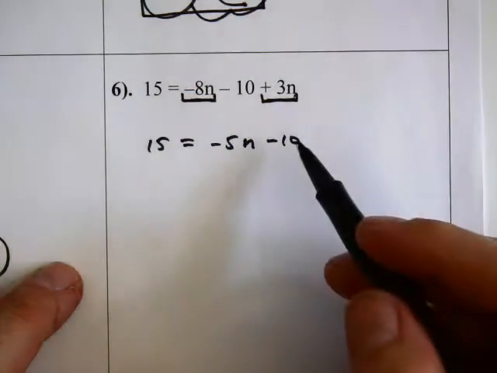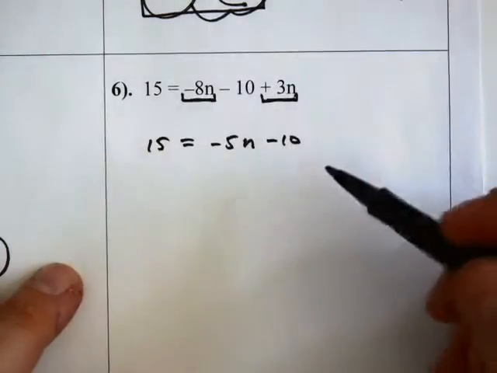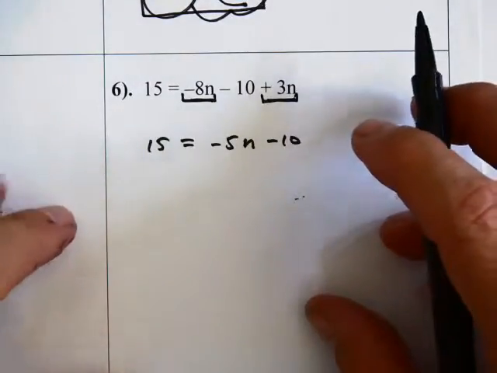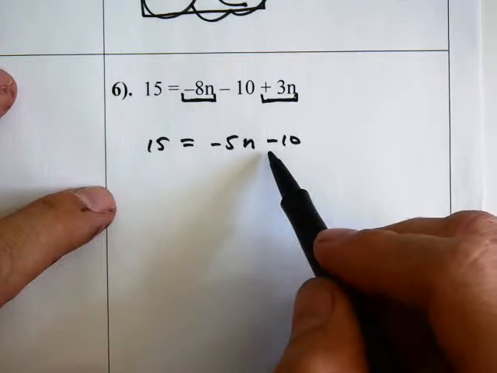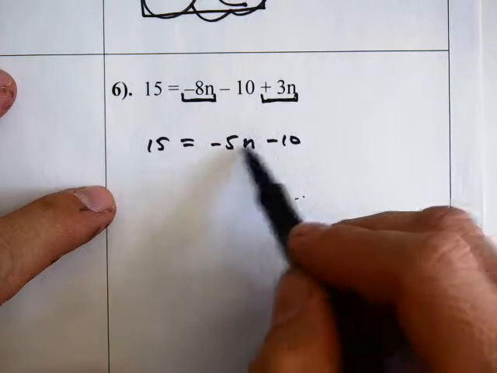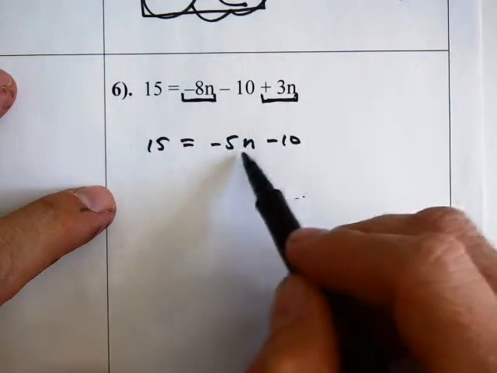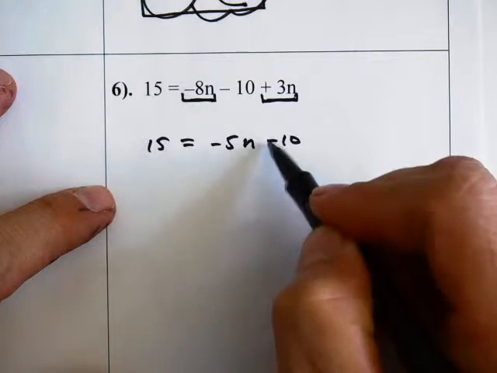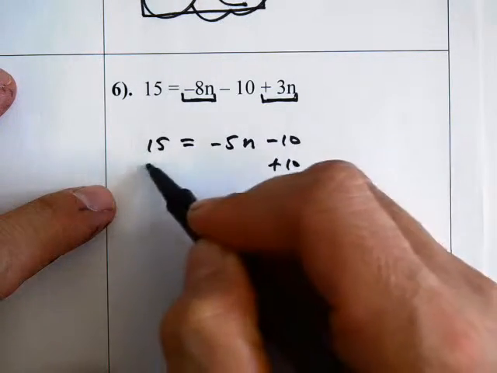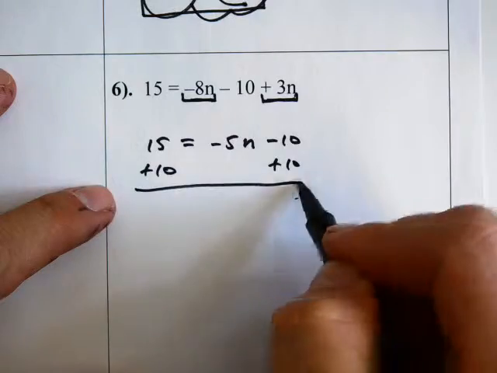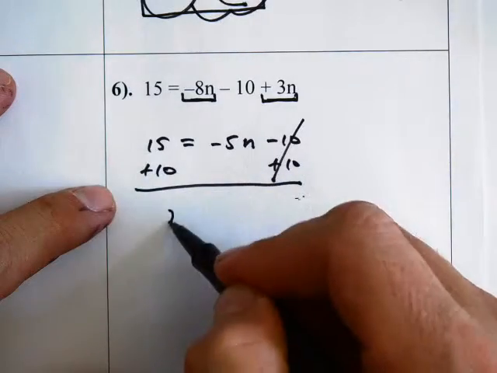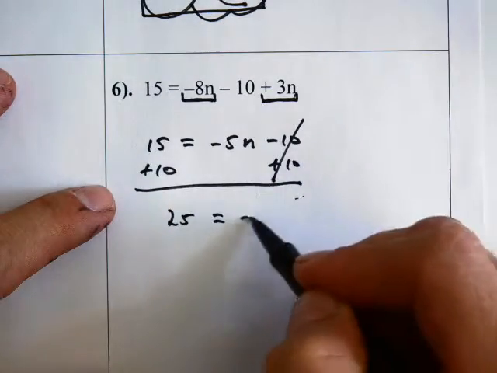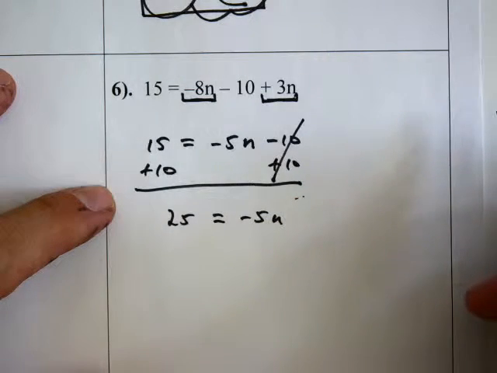So now we're back up to number 4, right above where I'm at right now, where we have a two-step equation. Get rid of this guy first, not this one that is very close to n. So how do I peel away subtracting 10? I add 10 to both sides, and here I get 25 equals negative 5n.